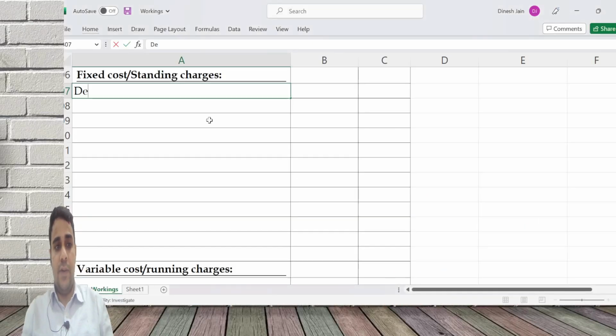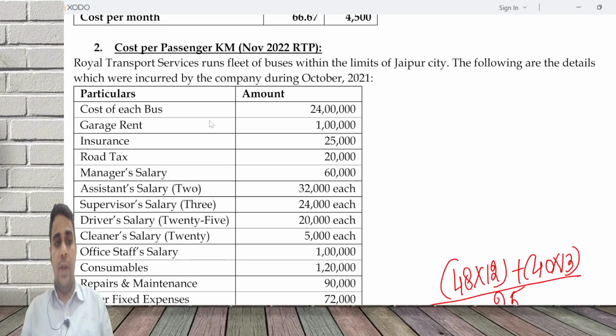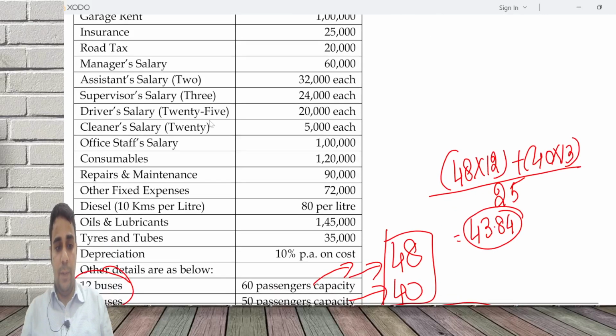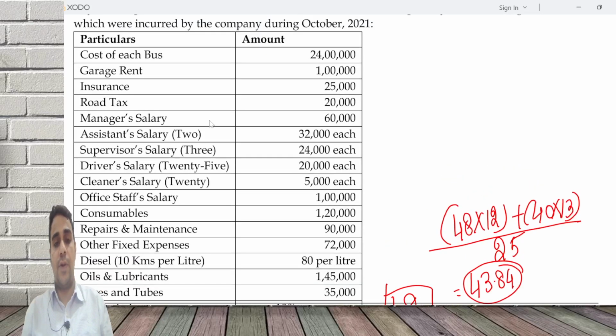First, the cost is given: depreciation. One month depreciation we'll have to calculate. 24 lakh is the cost of the bus. Somewhere salvage value will be there. Okay, no salvage value. Depreciation is 10% on cost.